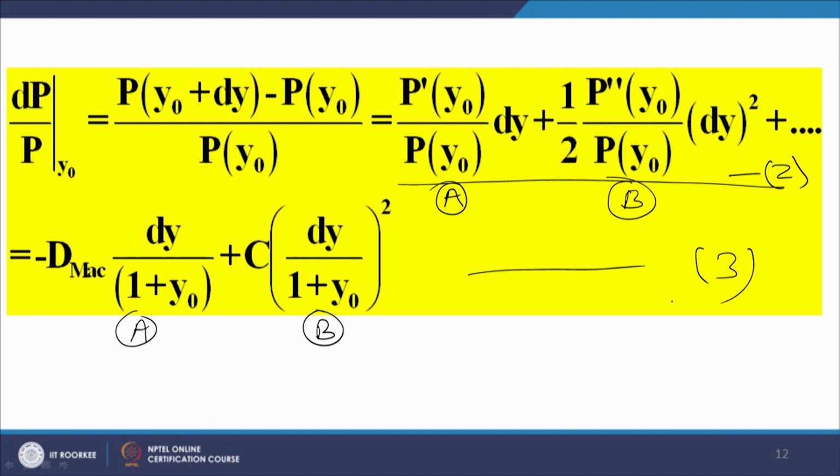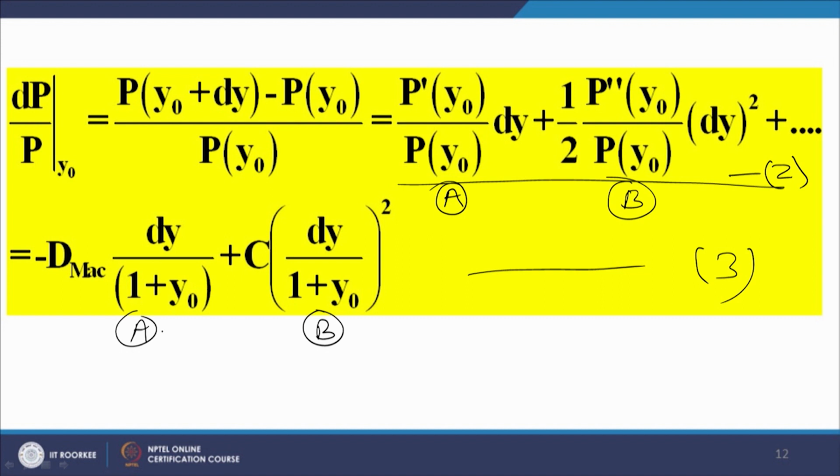I repeat, we have written equation 2 in an equivalent form introducing two parameters Dmac and C, and the definitions emerge from comparison of equations 2 and 3 term by term.